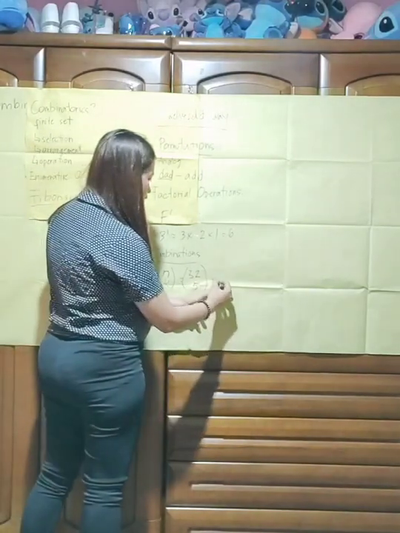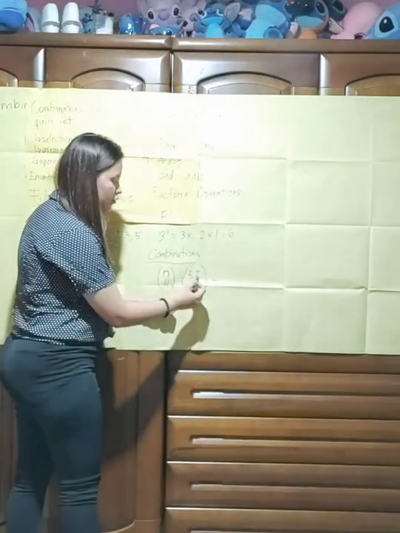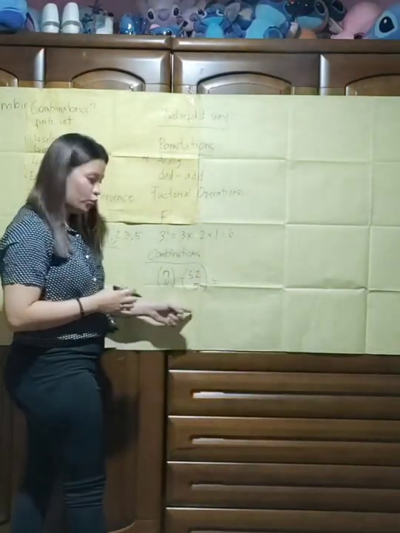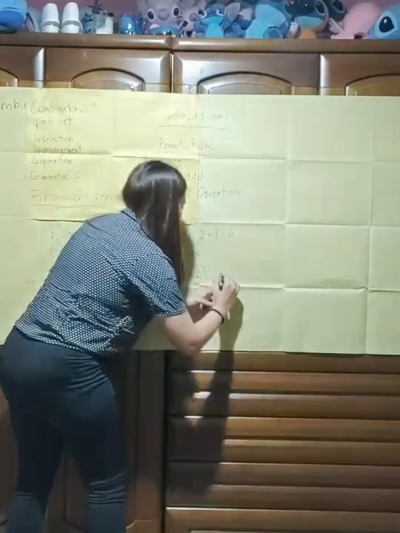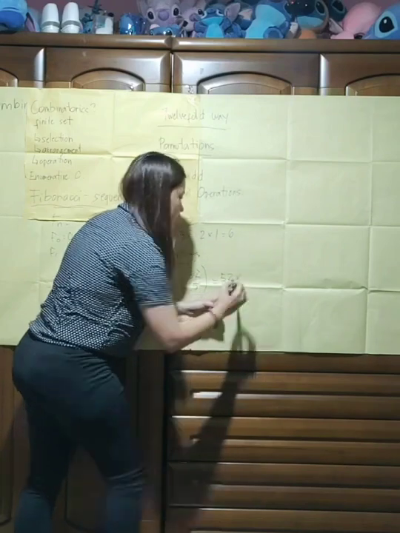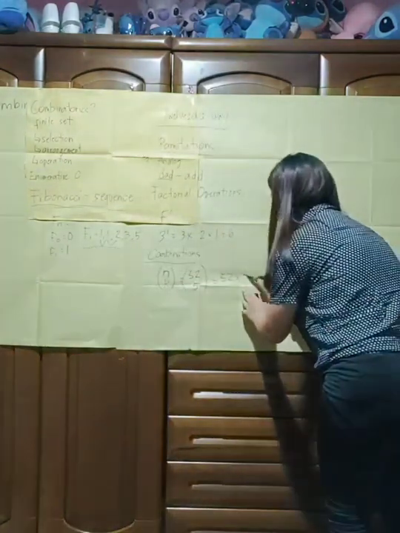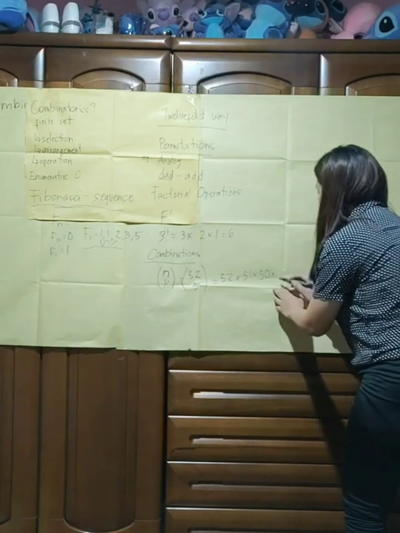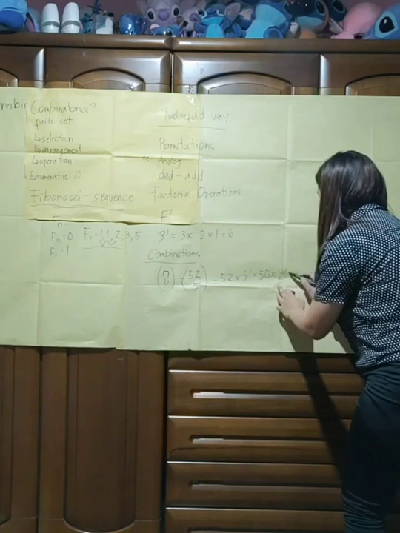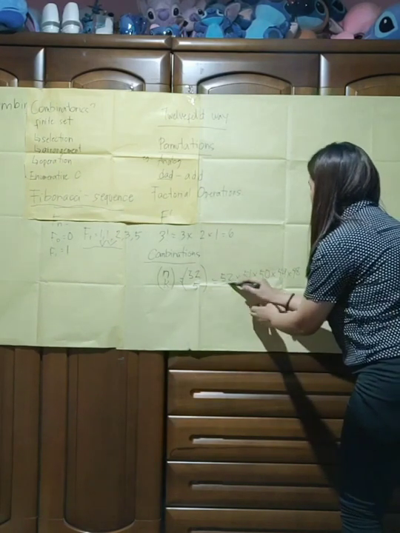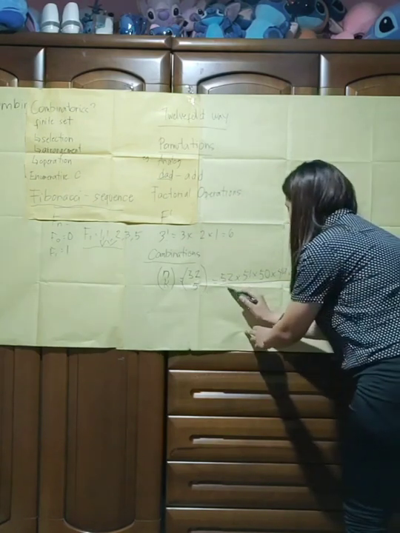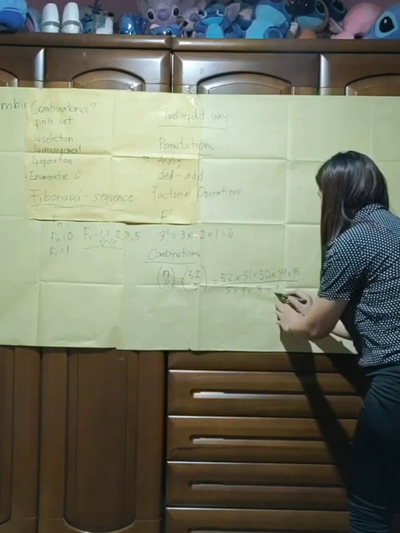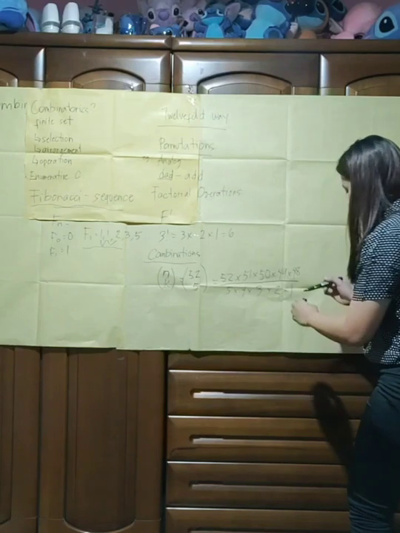So what we need to do is use the factorial of 52 and the factorial of 5. This is the simplest way to solve it. 52 times 51 times 50 times 49 times 48. Next is 5, 4, 3, 2, and 1.